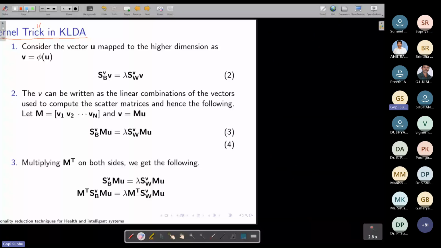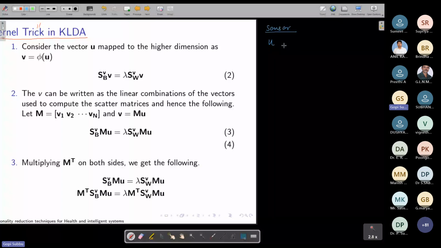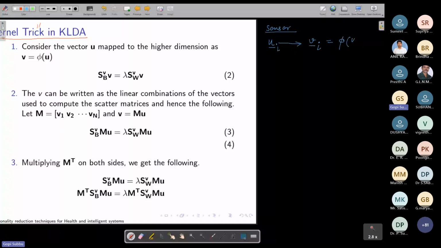Our goal is to map the vector u, which is in the feature space where you are collecting the data, the sensor data, to the higher dimension, which is the vector v. Suppose I have a vector ui which you need to map to the higher dimension vi. That is done using the function phi of ui.